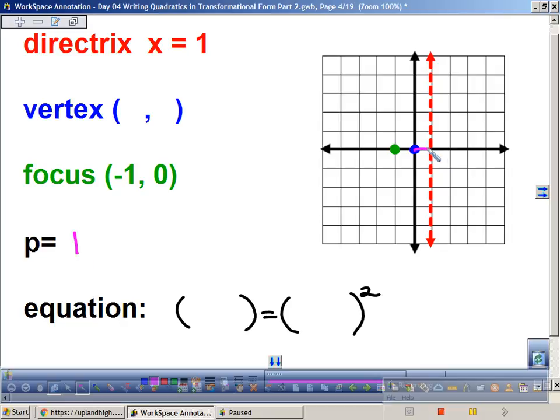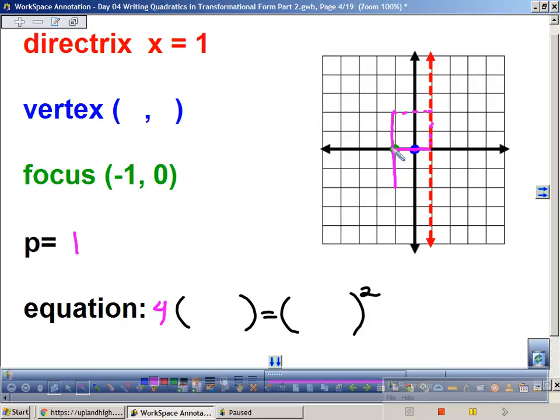So to go all the way to the focus and out, I have to go 2 and 2. Does it make a box? It sure does. So out to here. So a total of 4. So my equation is going to have a 4 in front of it. Because from my focus to my directrix, that's 2. So then I have to go out 2 this way.